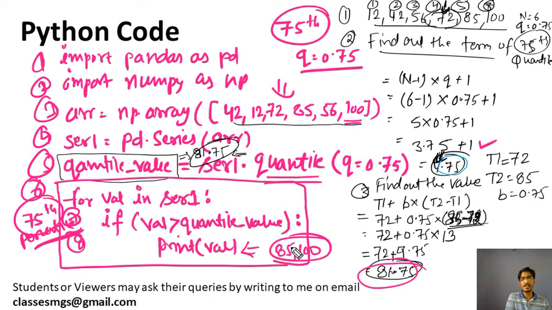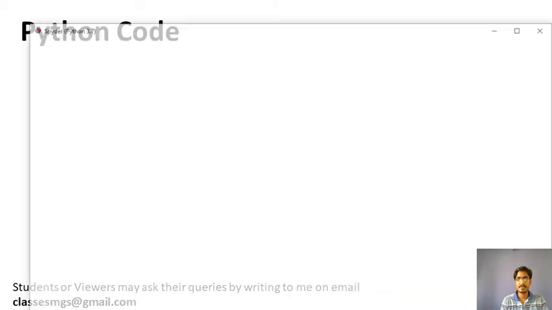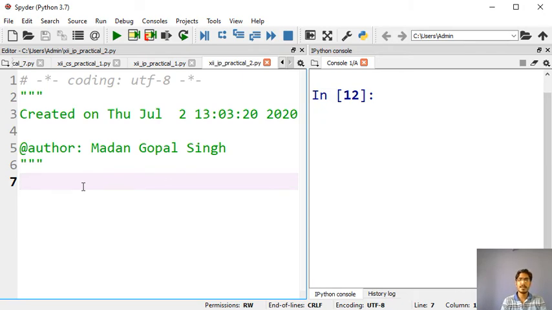We will write the code using the same example and see whether our logic is correct or not. So I am opening the Python editor now. Here is our Python editor, and I am going to write the code here.